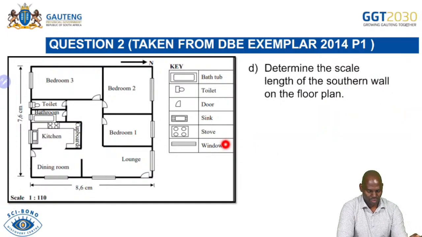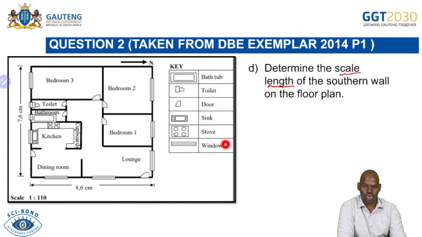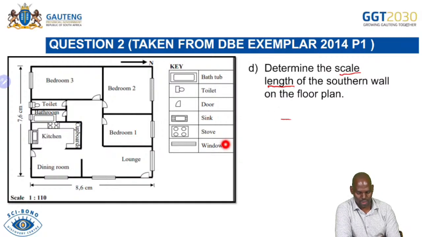Okay, then the next question is determine the scale length of the southern wall on the floor plan. Scale length means the reduced length as indicated on the plan. Now, which direction? It's south. I think we had already completed the compass.